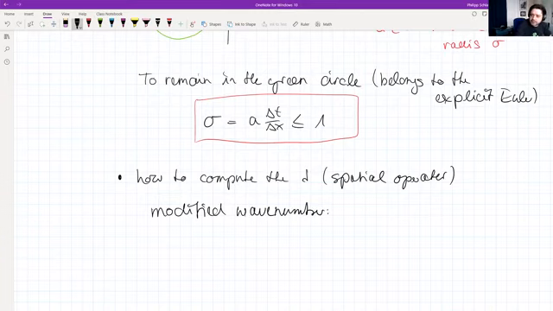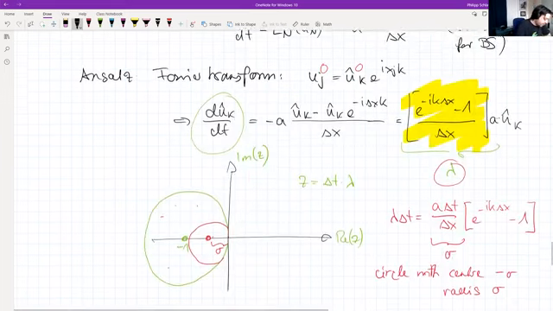Because there we did essentially the same. We tried to see how the wave number, or how the derivative, propagates in spectral space using a finite difference scheme.